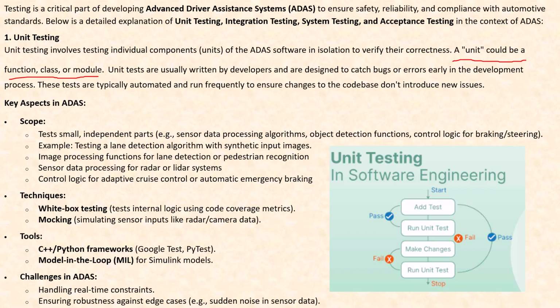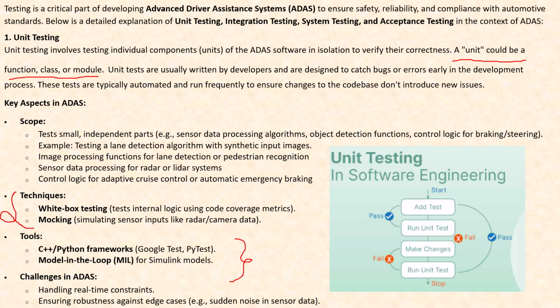Alright, now what are the various types of techniques that are used for unit testing? Both the techniques are mentioned here. First is white box testing, which tests the internal logic using code coverage metrics. Next is mocking, simulating sensor inputs like radar and camera data. And the tools, of course, are C++, Python frameworks, model in loop.